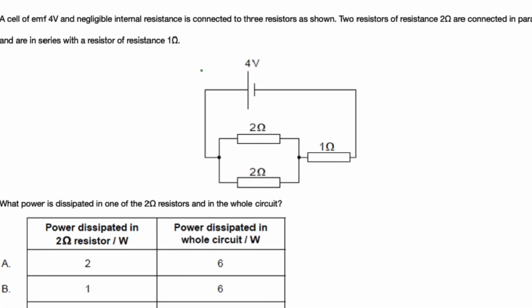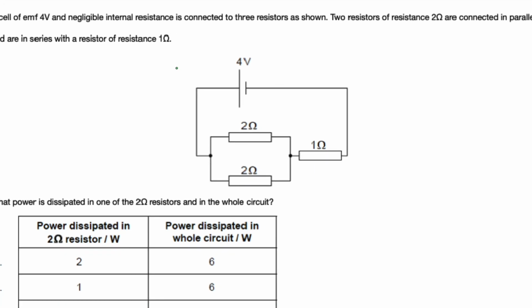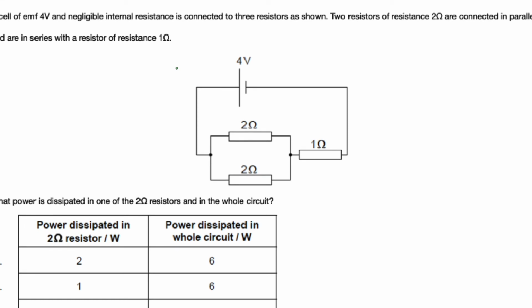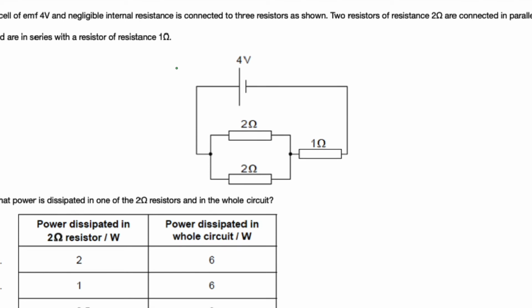A cell of EMF 4 volts and negligible internal resistance is connected to 3 resistors as shown. Two resistors of 2 ohm are connected in parallel and in series with a resistor of resistance 1 ohm. What power is dissipated in one of the 2 ohm resistors, and in the whole circuit?